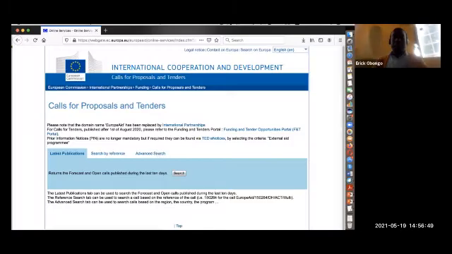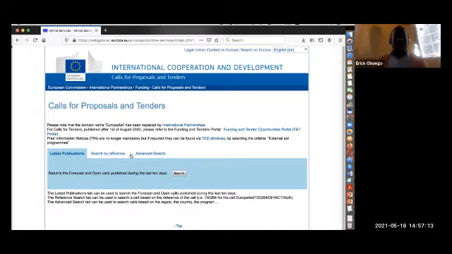To look for a call for proposal, you can either go to the latest publications, or you can do a search by maybe a code or the thematic area, or you can just key in the country and it will bring you some of the codes which are in relation to that specific country.